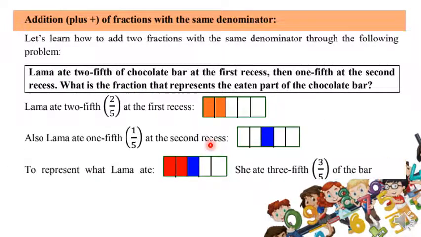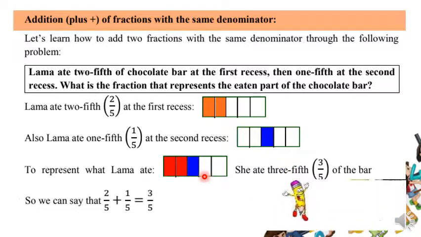Okay, as you can see, to represent what Lama ate, we add the eaten parts. So she ate 3/5. She ate 3 parts out of 5 of the bar.